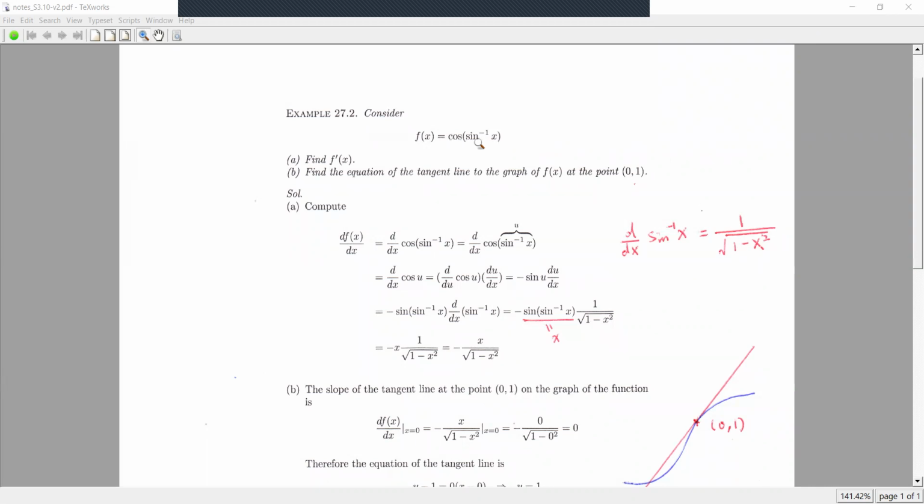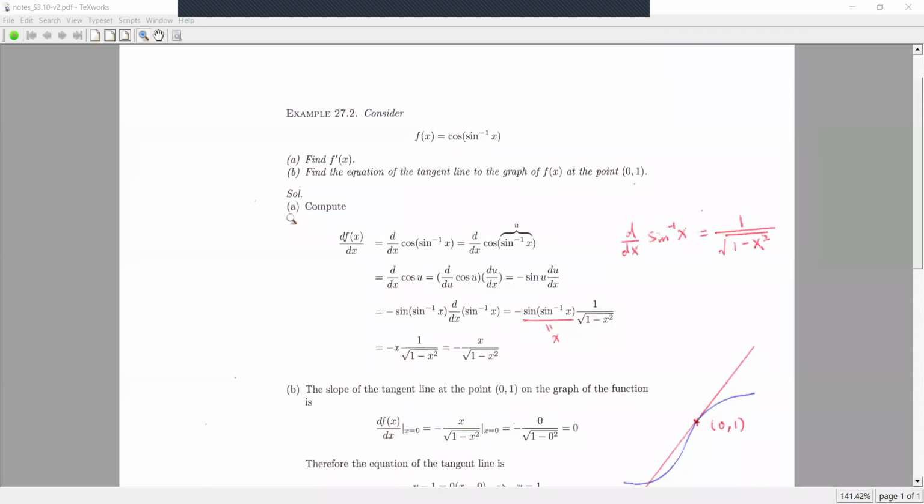Combine cosine and inverse sine together. Part A, find the derivative of this function. Part B, find the equation of the tangent line to the graph of function f at the point 0, 1. This point is on the graph of function f.